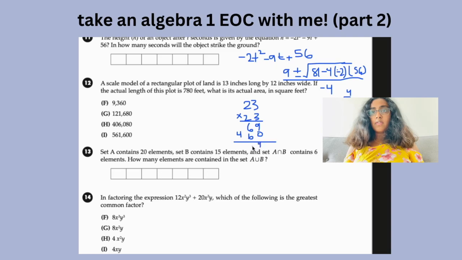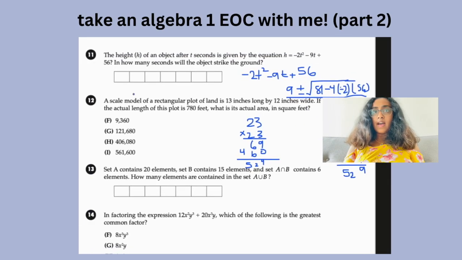Yeah, it is. I just realized that I carried a 1 when I shouldn't have, so it's 529. Let me get rid of that. So it's 529, which means that 23 is our answer for this part.